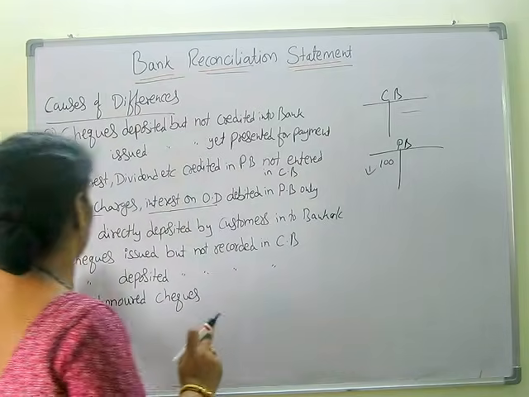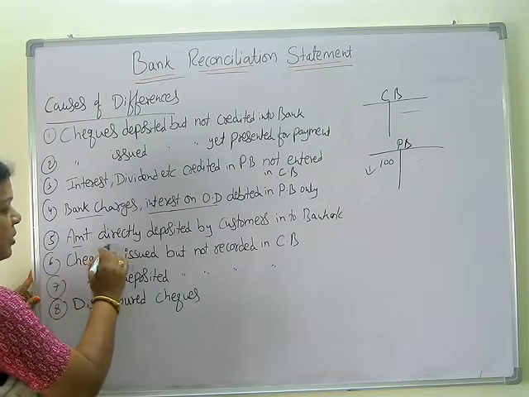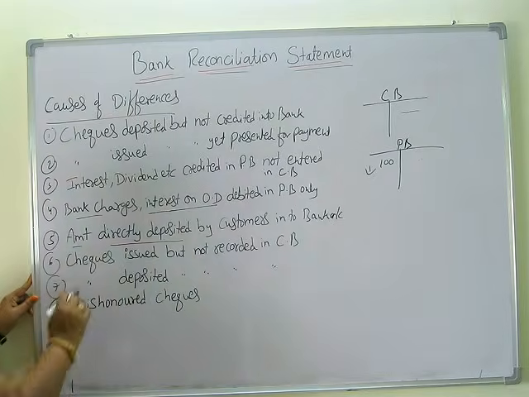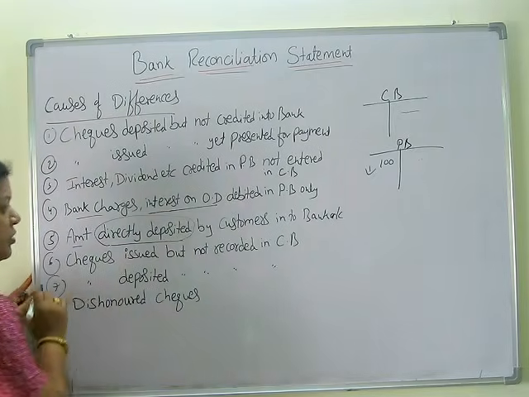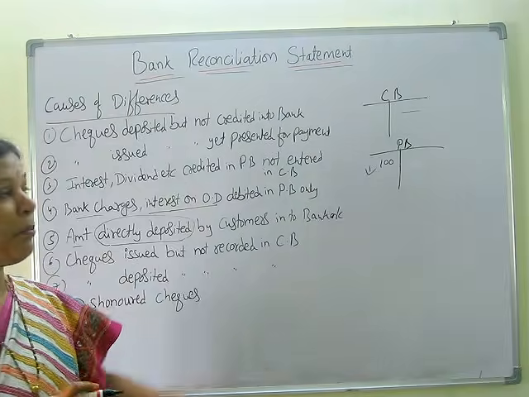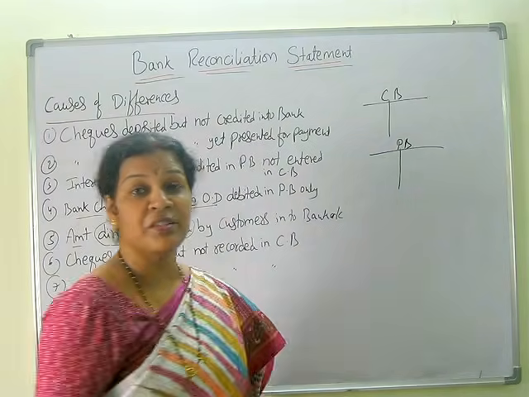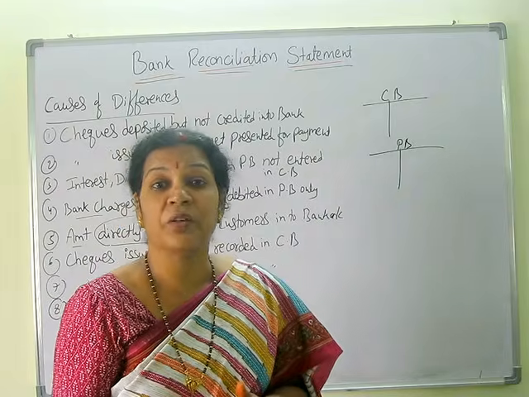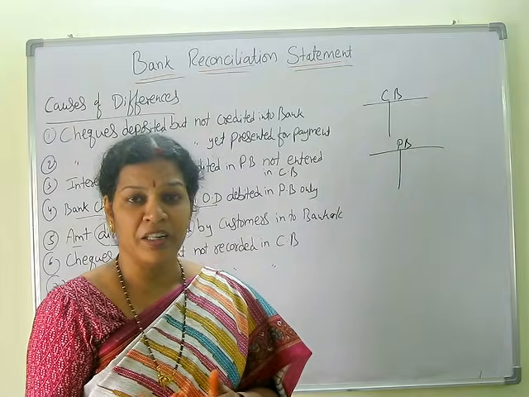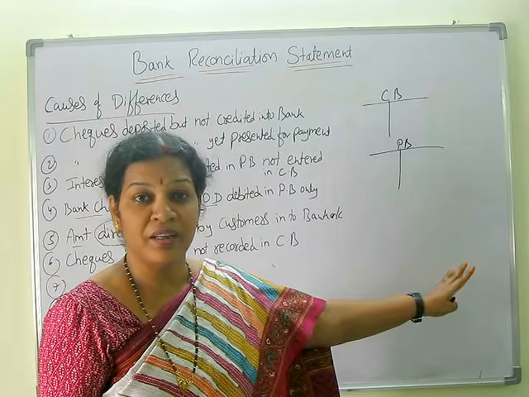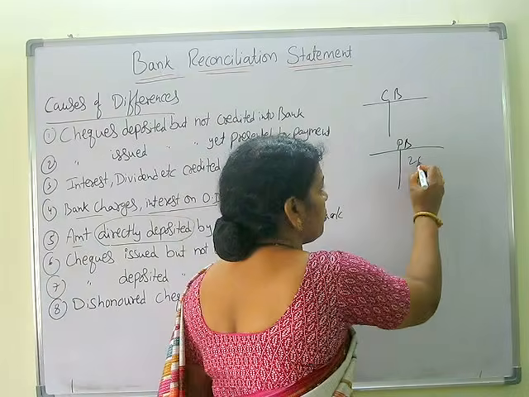This is another case. Next one, amount directly deposited by a customer into the bank. Some customers directly deposit into the bank. When they directly deposit, it will be on the credit side, say 2000 rupees.